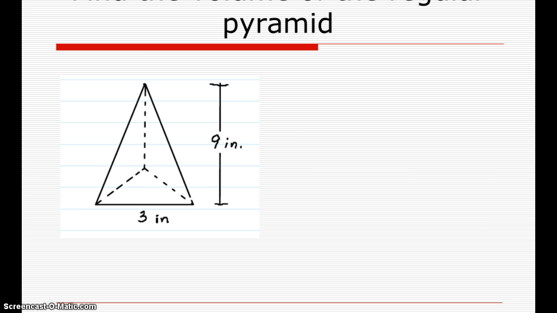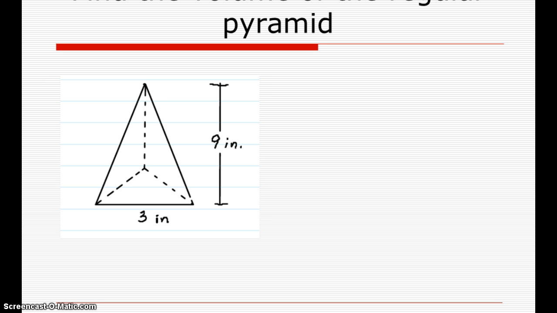All right, so here I have a picture here. Now this is going to be difficult to see, but this is a triangular pyramid. Okay, so the base is a triangle and the lateral sides are also triangles, but they are not the same. You can see that it's a regular pyramid, so that means the sides of the base triangle are 3 by 3 by 3.